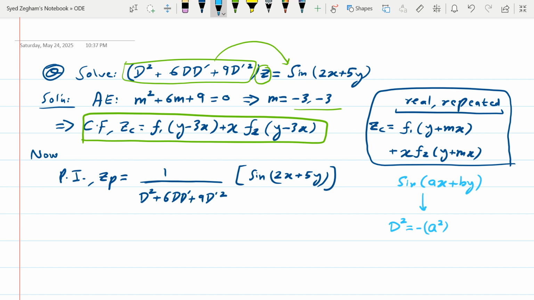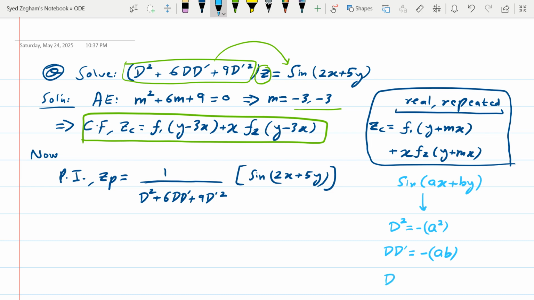This is a common mistake which students make in the exam. Okay, so we need to avoid those kinds of mistakes. So this is a square. First we do a square and then we put a minus. Okay, D D prime will be, first we multiply a with b and then we put a minus.